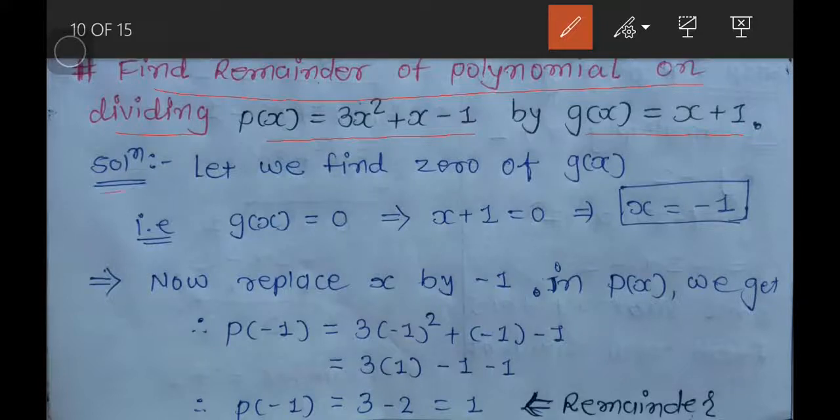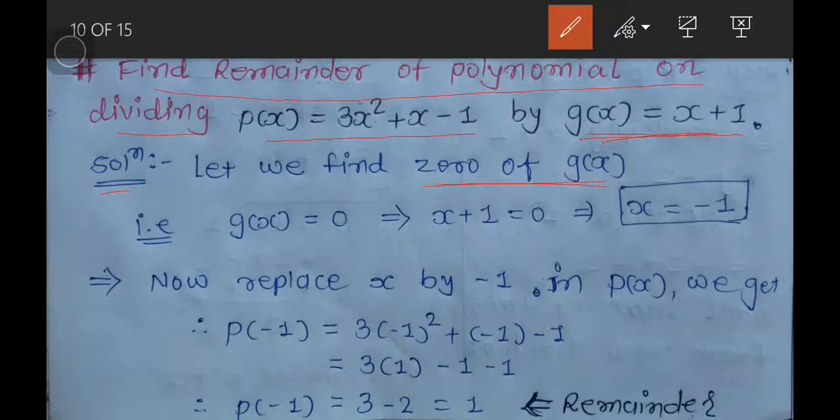In the solution, first we find the zeros of g of x. How can we find the zeros of a polynomial? First, we always note that g of x, our divisor, must be a linear polynomial, then we can use this method. Here you can see that our g of x is a linear polynomial.